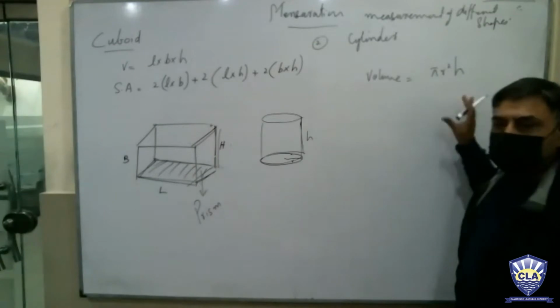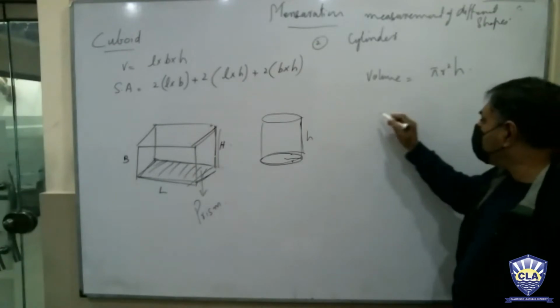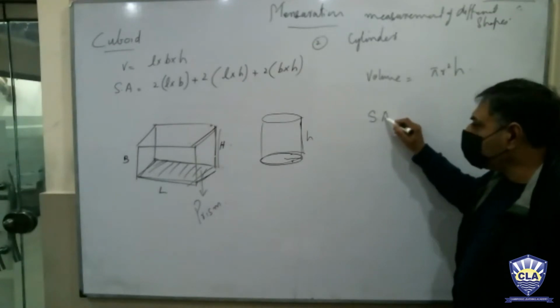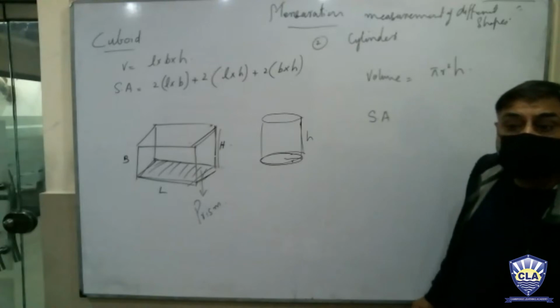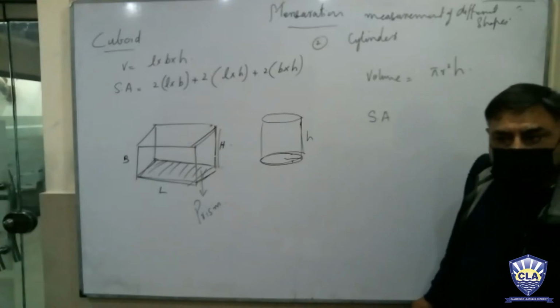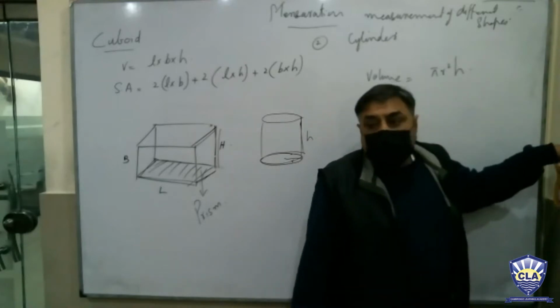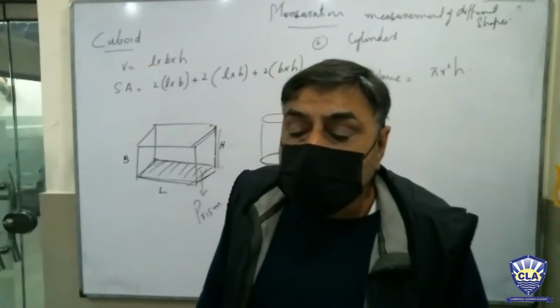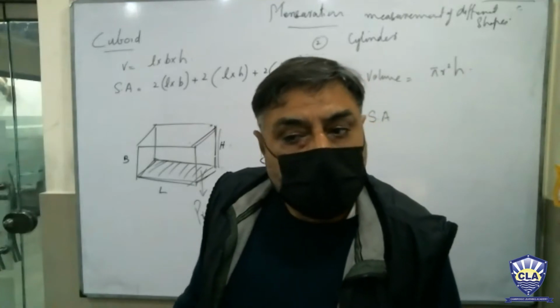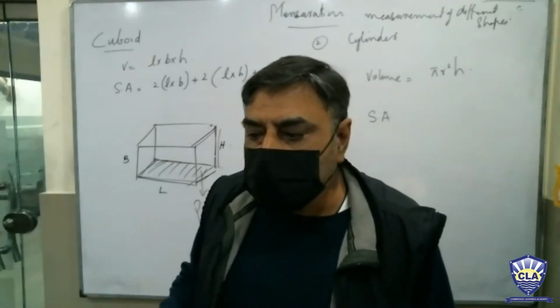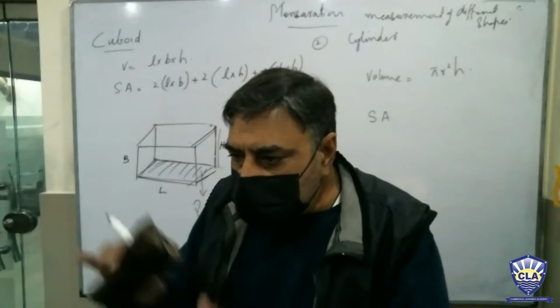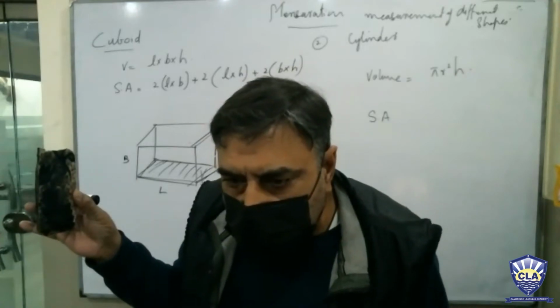Volume and surface area. Surface area. Area of a 3-dimensional shape is called surface area. It is a 3-dimensional shape.